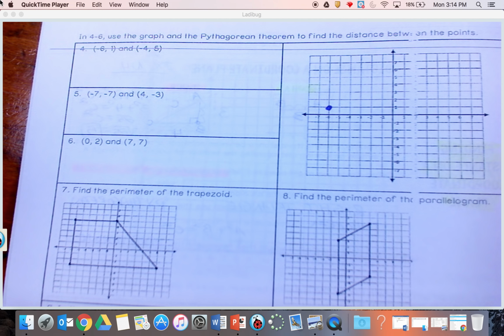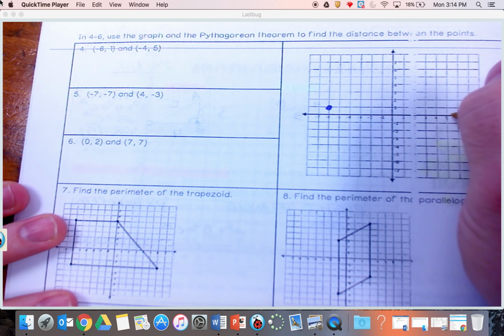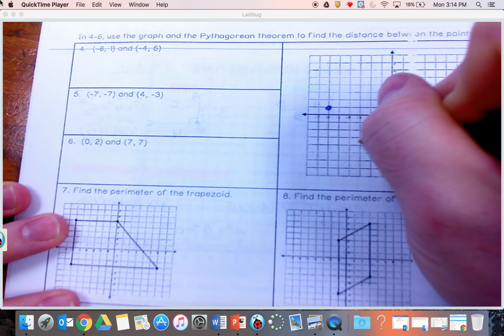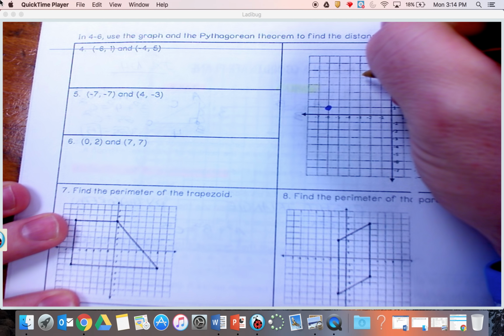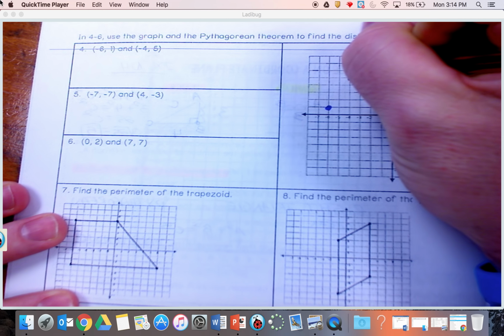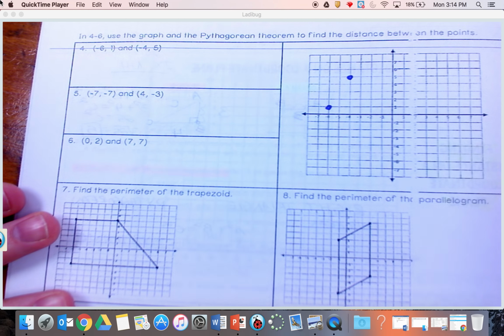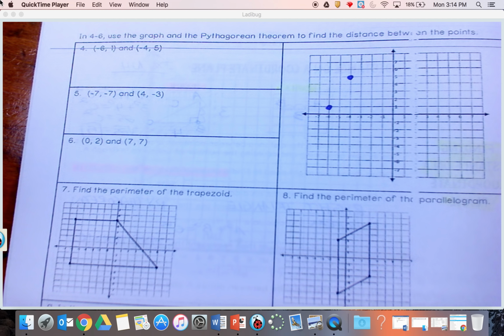Then if I plot the next one, (-4, 5), here's -4 and up to 5, which would be right up there. Now I can find my distance between those 2 points.